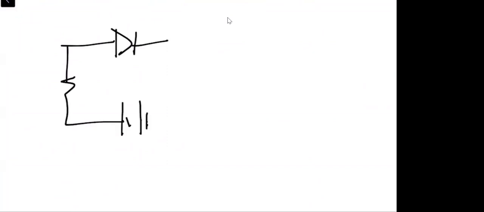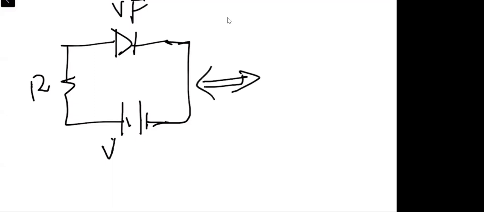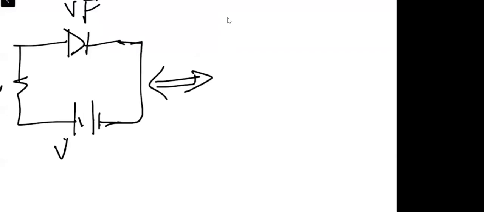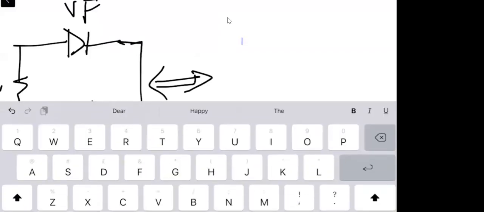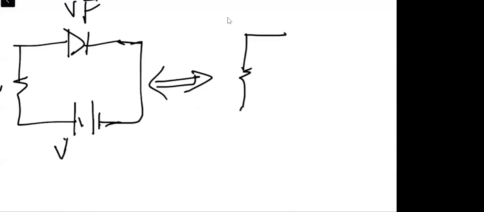In the practical case, whenever the diode is forward bias, there is a potential equal to the barrier potential, and that is our VF.